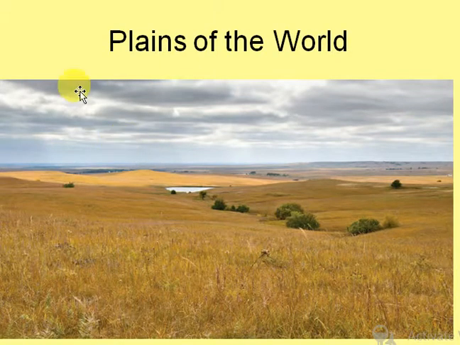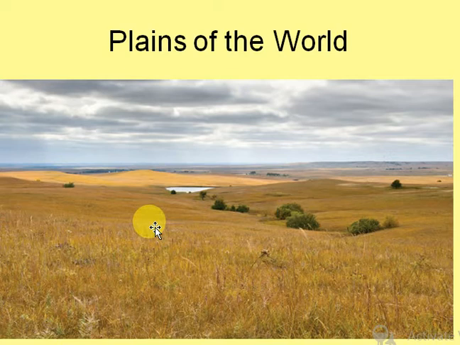Now look at the image, a beautiful image of the plains. Throughout the world you will find various plains, in Asia or in North America. In India, there is the Ganga and Brahmaputra plain, and in China, the Yangtze.